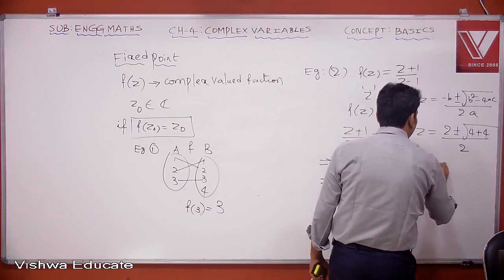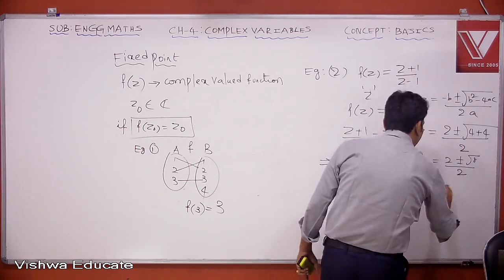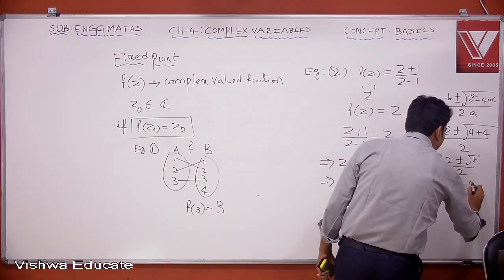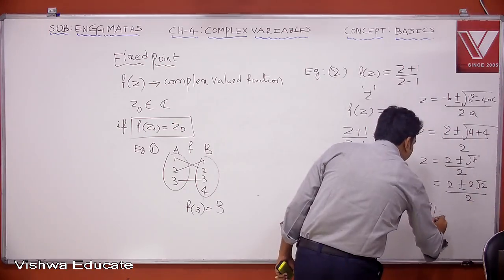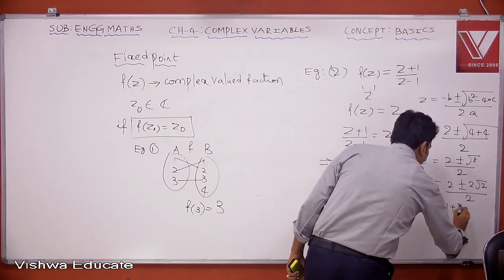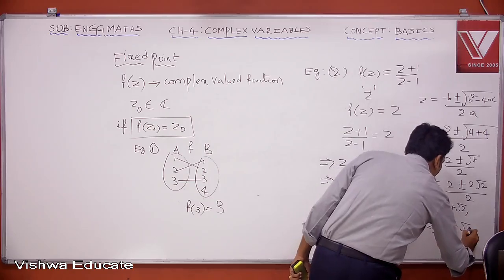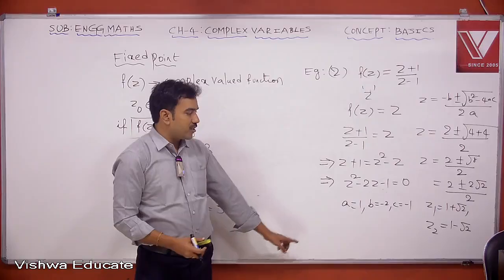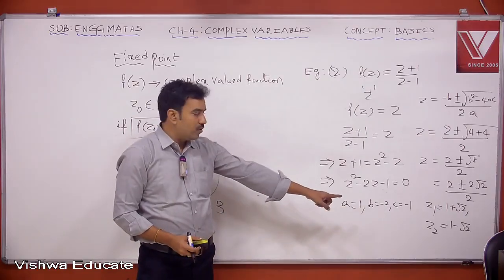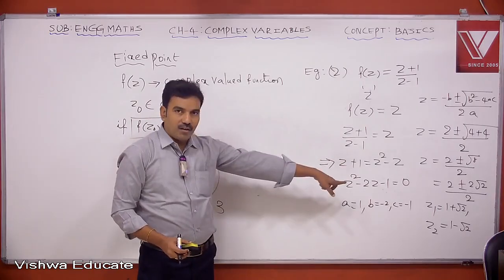Therefore z equals 2 plus or minus root 8 by 2. Root 8 we can write as 2 root 2, divided by 2. So one fixed point I can write as z1, 1 plus square root of 2. The second fixed point, z2, is 1 minus square root of 2. Therefore in this case my fixed points are 1 plus square root of 2 and 1 minus square root of 2. Now this is a complex valued function.